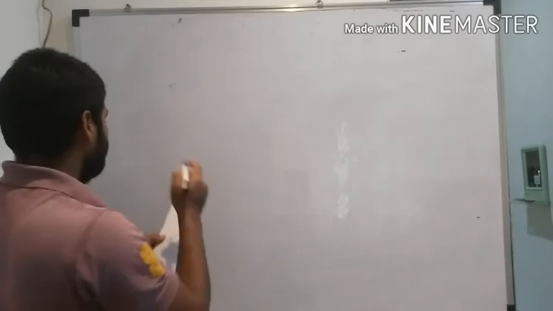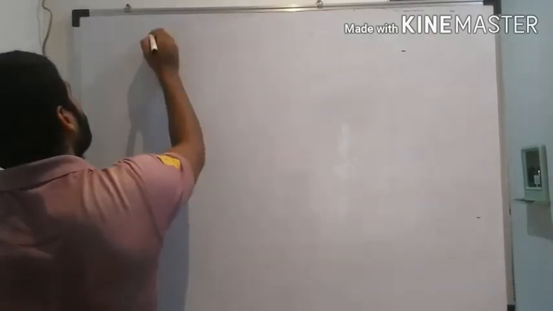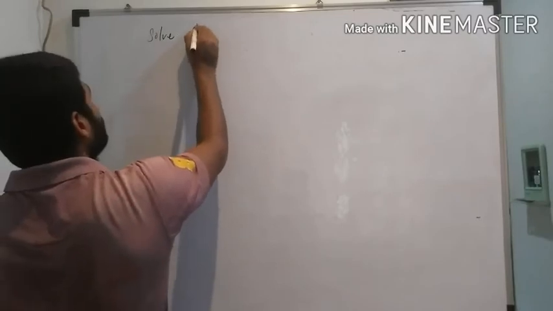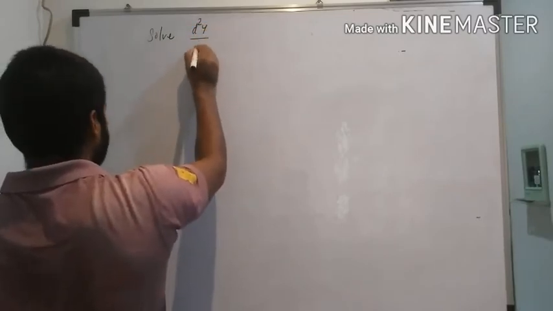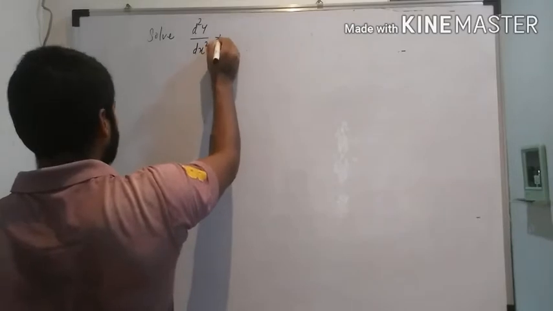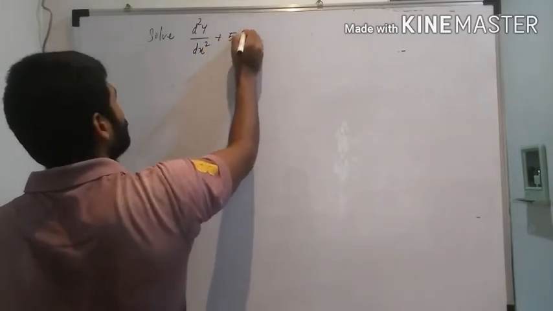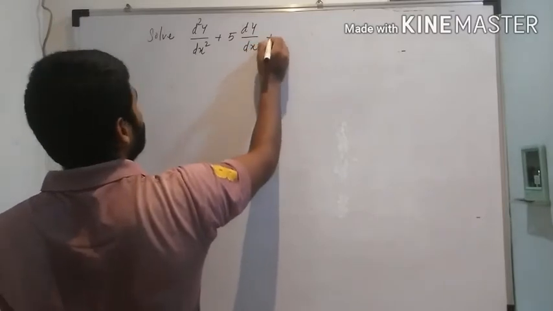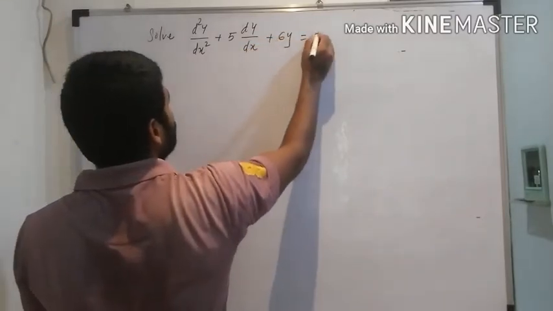First example is here. Solve d square y by dx square plus 5 into dy by dx plus 6 into y is equal to 0.